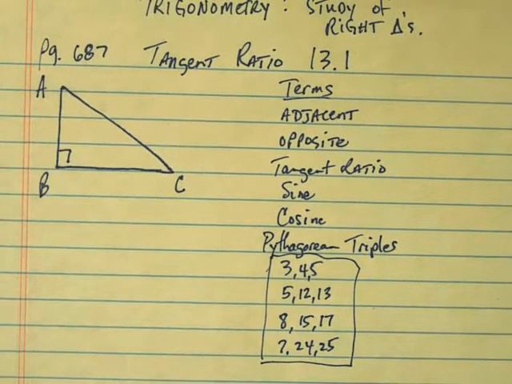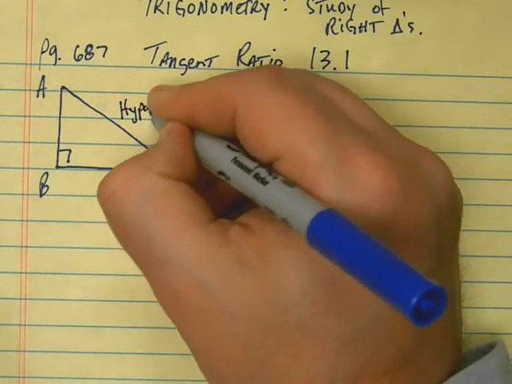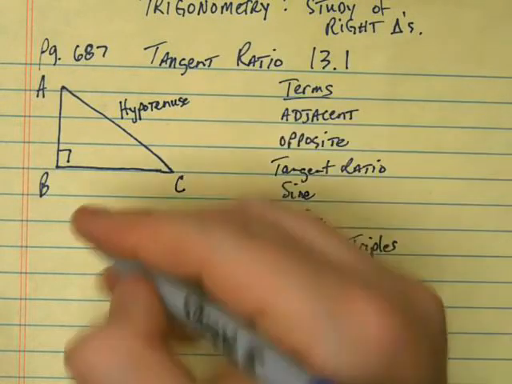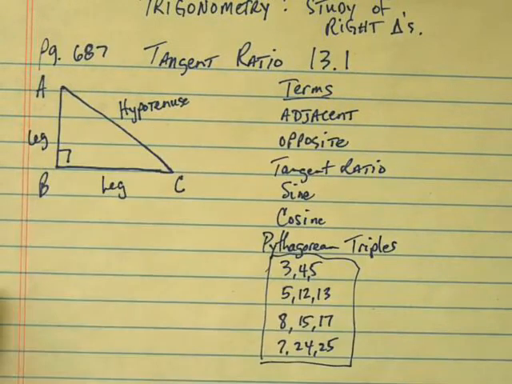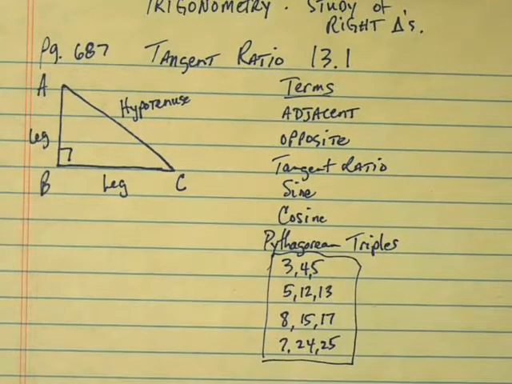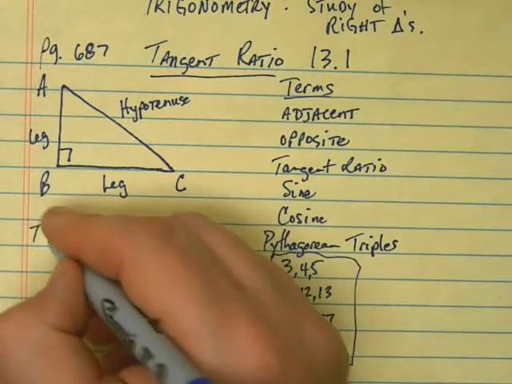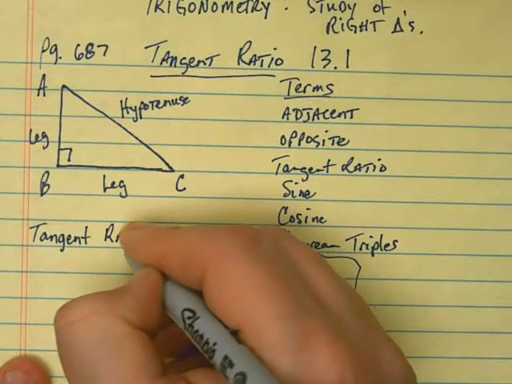Back to our right triangle, the different terms within the right triangle. This side is always called the hypotenuse. This side is called the leg. This side is called the leg. Now, in terms of this section, which is the tangent ratio, what is a ratio?